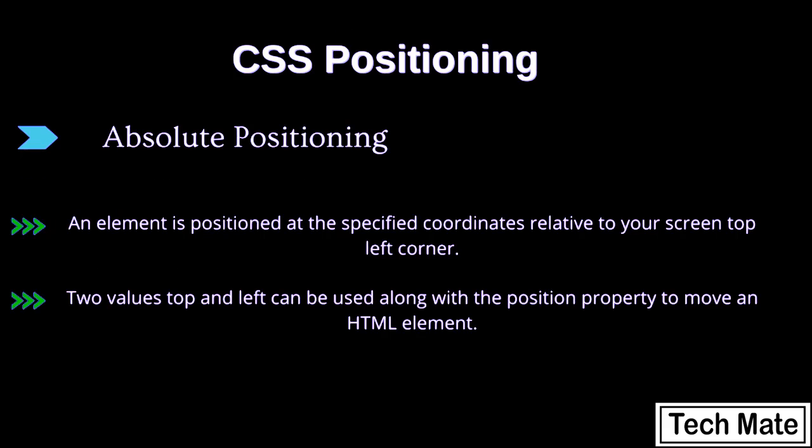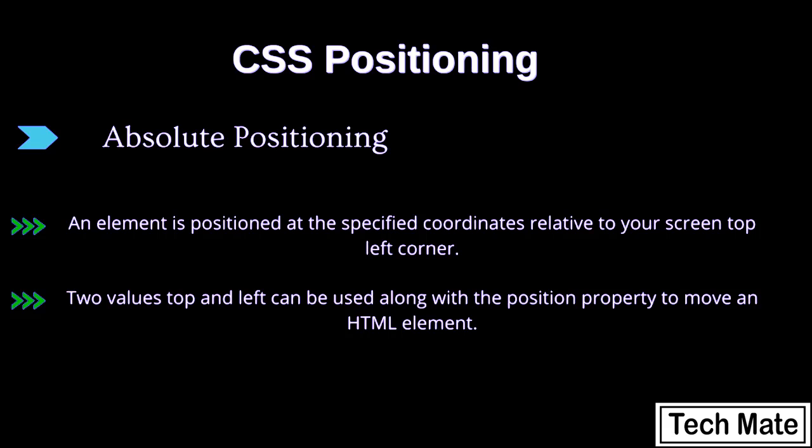So let's talk about absolute positioning. Absolute positioning is, as the name says, absolute, which means you will have to pass two values, that is the x-axis and y-axis value. The x-axis means the horizontal one, which will be taken from the left-hand side, and from the top, that is vertical, that is the y-axis.